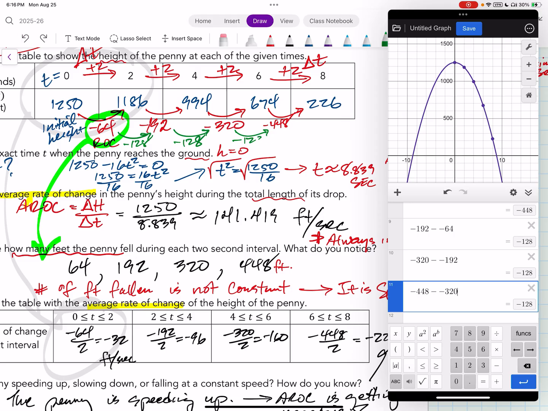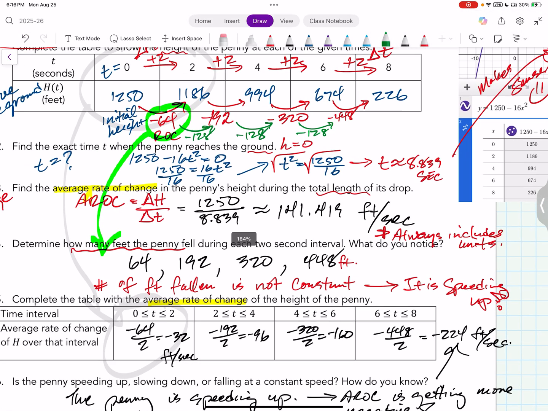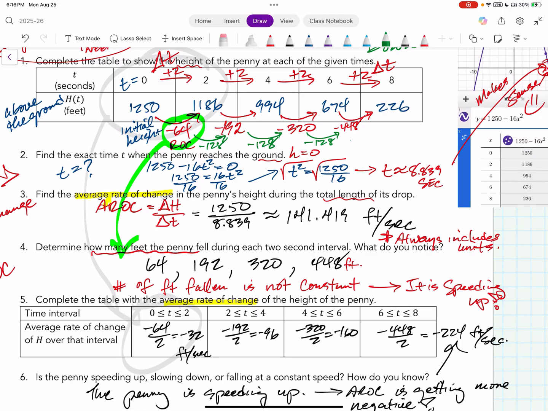Look at that. They were always getting a negative 128. The rate of change of the rate of change is constant. All right, key point right here, guys. Let's highlight it. The rate of change of the rate of change is constant.